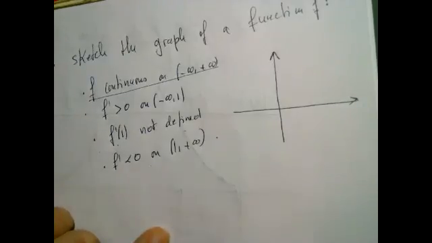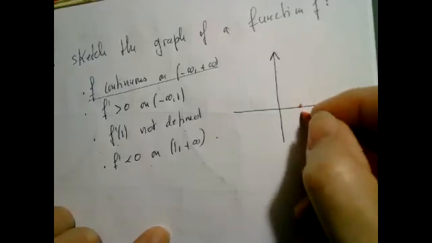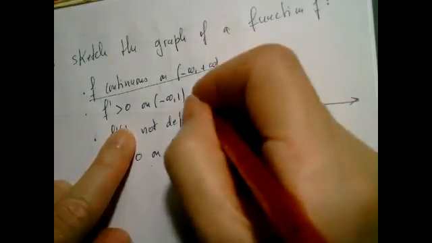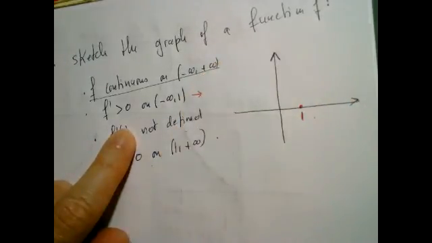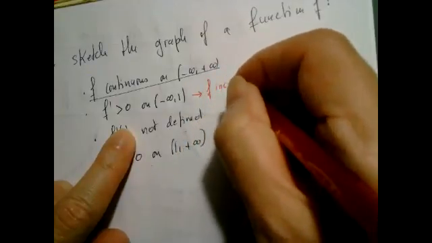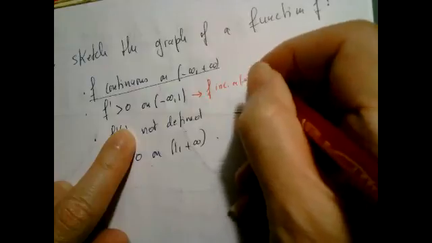Okay, so this is 1 here. I want my function to have issues at 1. Whoever is ready, let me know what to do. Let us analyze. F prime positive on minus infinity to 1, it means in terms of the function, f is increasing on minus infinity to 1.